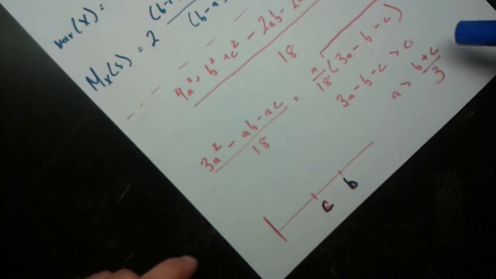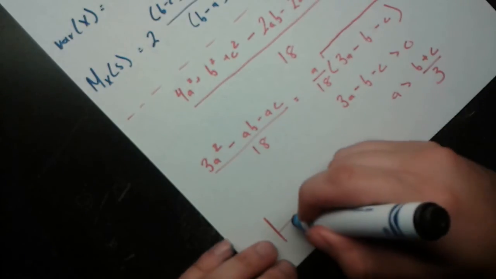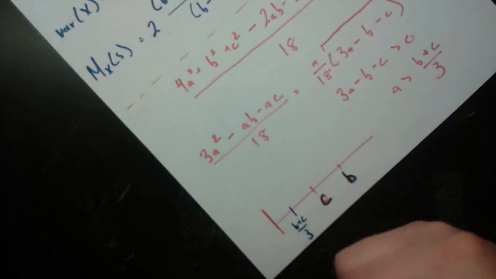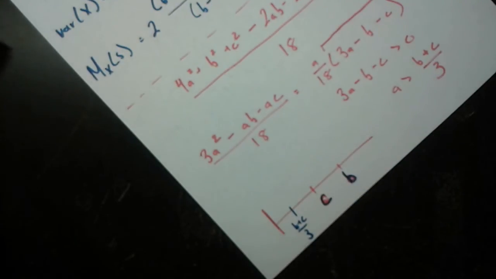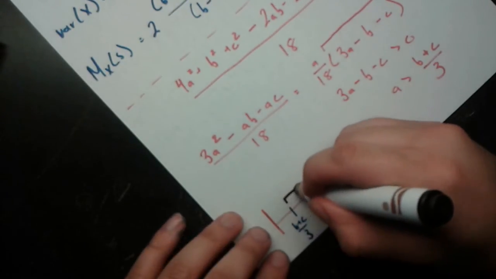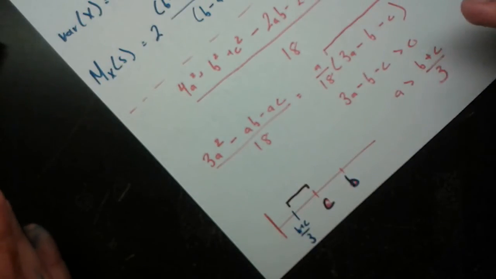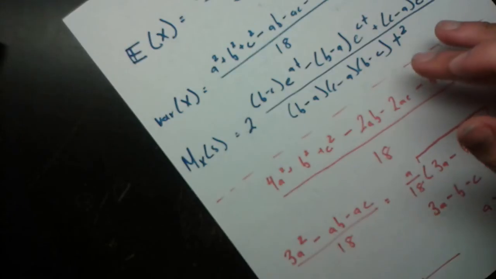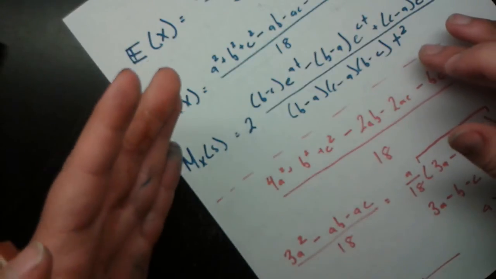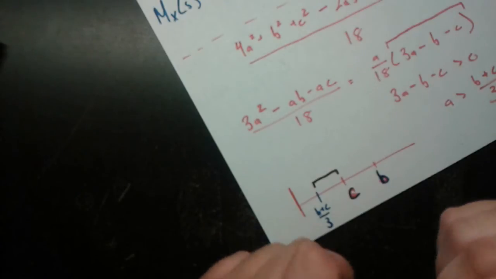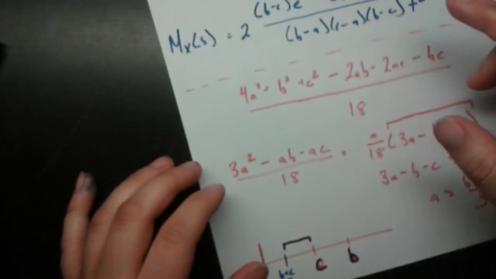We see that a has to be greater than b plus c over 3. Let's say b plus c over 3 lies right here. So in other words, if a exceeds that, then a doubling of a will cause a positive change in the variance. Otherwise, it'll cause a negative change. So it really depends. It's not clear cut. Just a little bit of an exploration, okay?